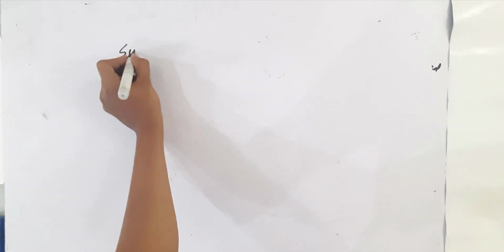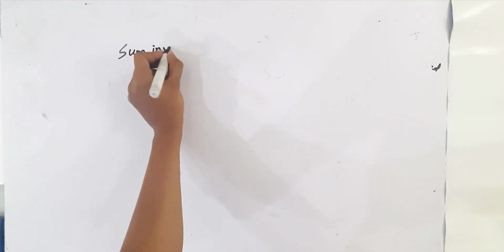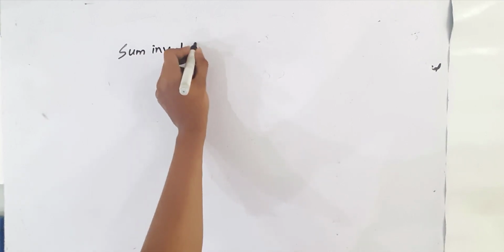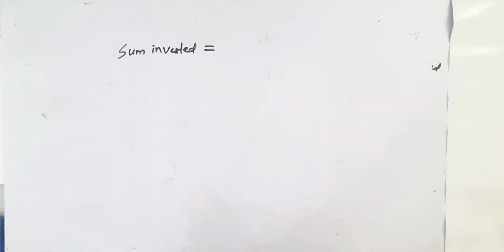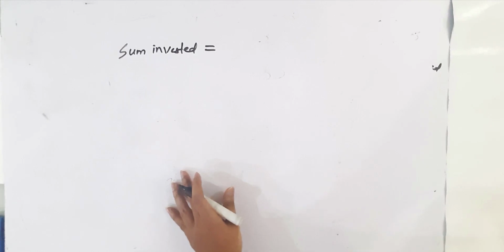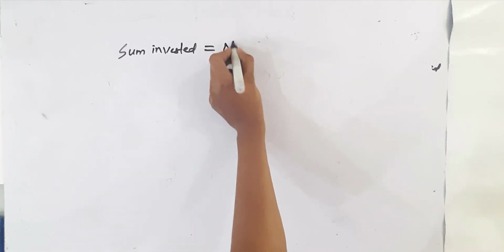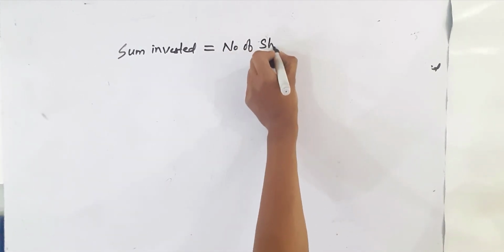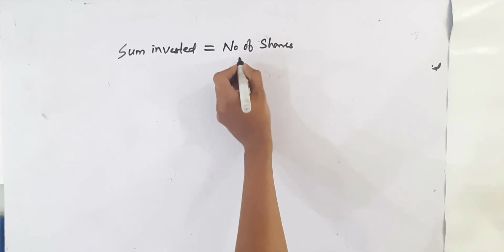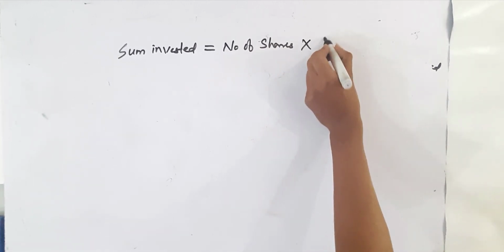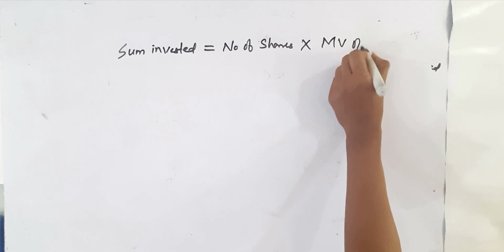Now we will talk about the basic formulas related to the chapter. The first is sum invested. Suppose a person wants to invest in a company. So the money invested will be equal to the number of shares he wants to purchase multiplied by the market value of one share.